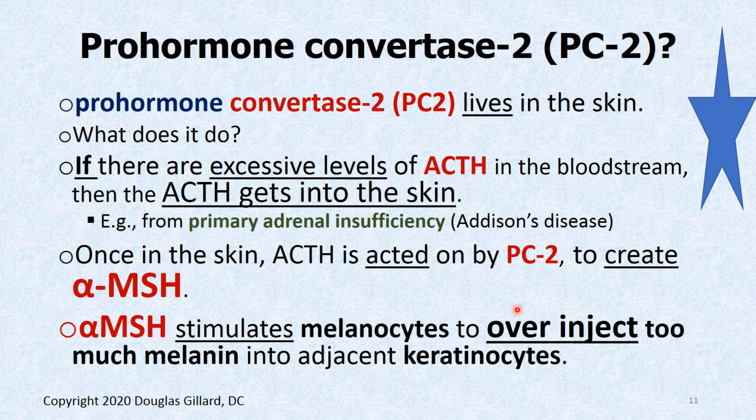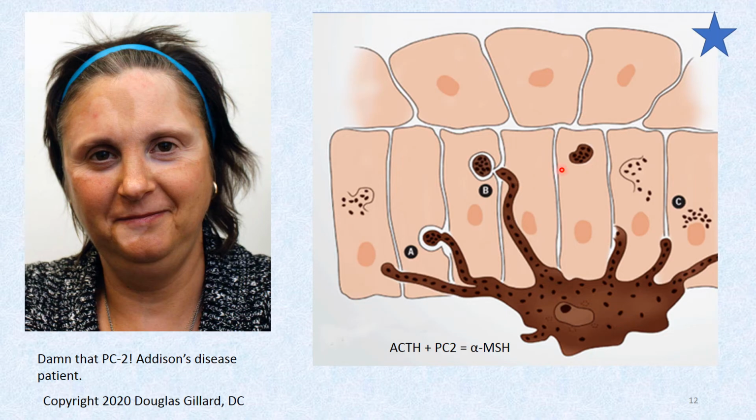And what do melanocytes do? They overinject melanin into the keratinocytes. Remember their job from histology? So there's a melanocyte with alpha MSH around. It makes these crazy, and they overinject cells in a certain region.